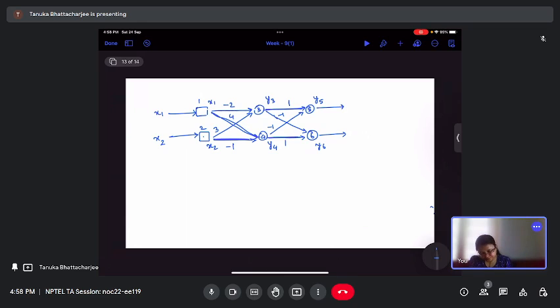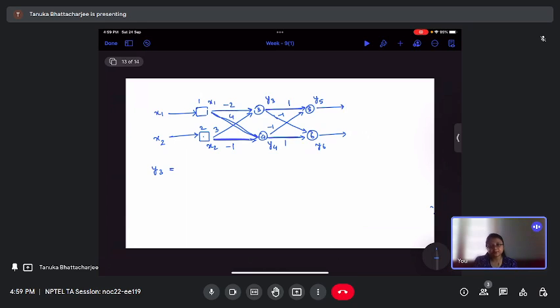Now if you want to write y3, the third node is connected to the first input node, node 1, with the weight -2, and to node 2 with the weight 3.